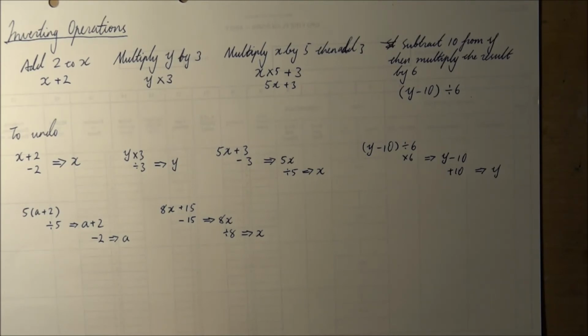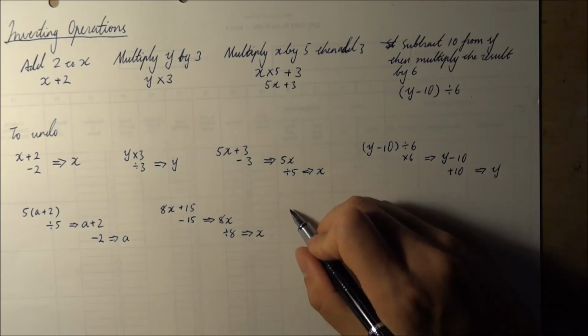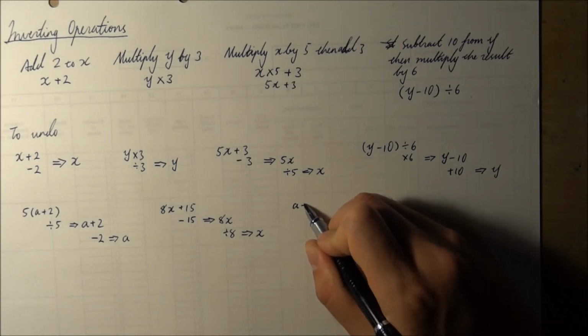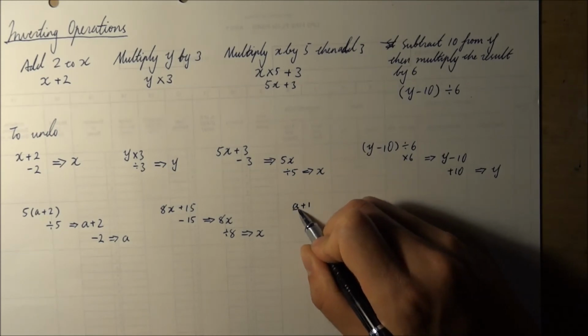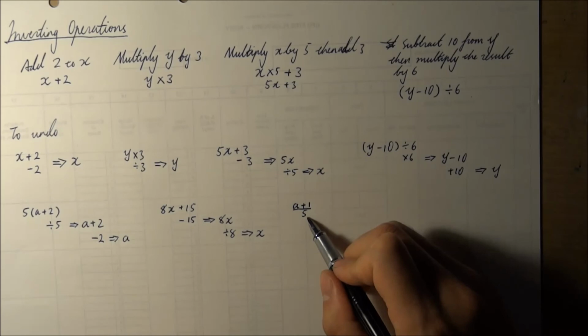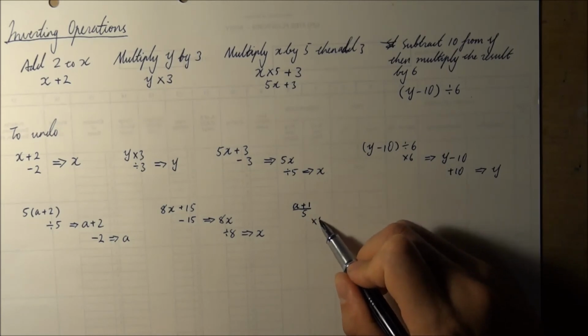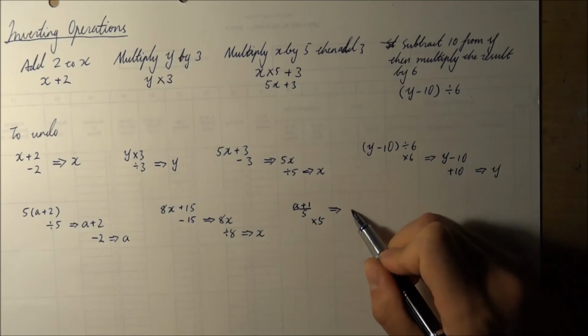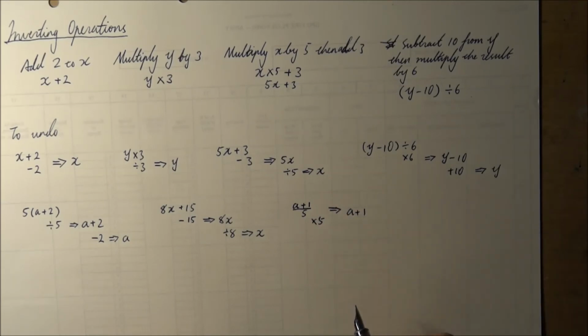So if we have, say, a plus 1 divided by 5. To cancel out the 5 here, we'll multiply by 5 first. So we end up with a plus 1.